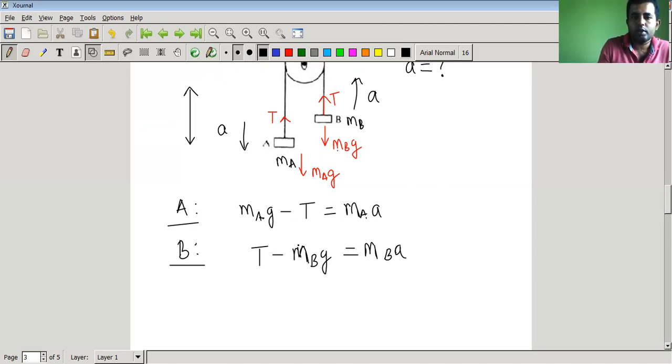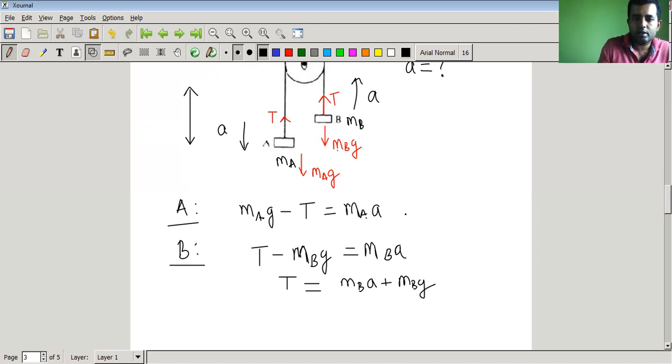Now, if we want to calculate the acceleration, it's very easy. What we can do is equate them. So from here, I can write T will be equal to MBa plus MBg, right?